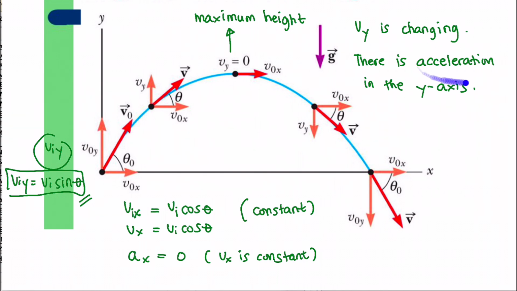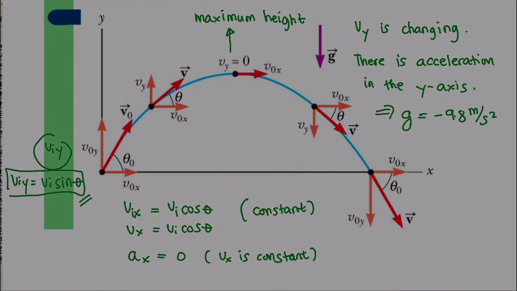Now, what is this acceleration? This acceleration, in fact, is the acceleration due to gravity, which is symbolized by the symbol g, and that is equal to negative 9.8 meters per second squared.